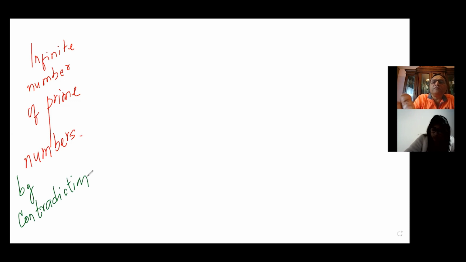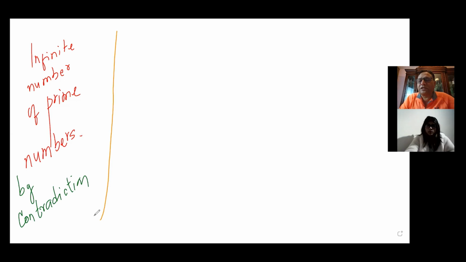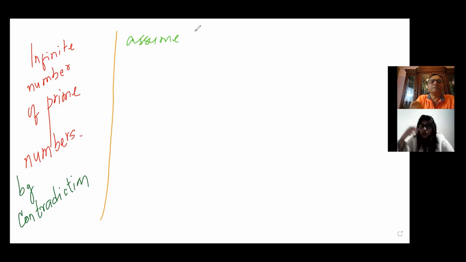So whenever you want to prove by contradiction, what should be your approach? Can you tell me that? You would make an assumption that would contradict the statement, and then you follow through with that, and then eventually you should contradict your assumption, which would therefore prove the statement is true.